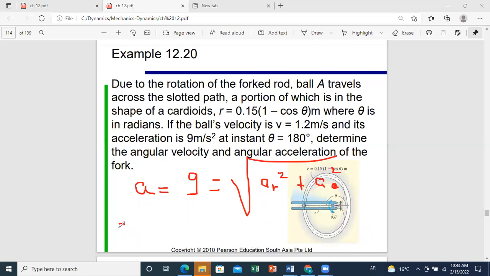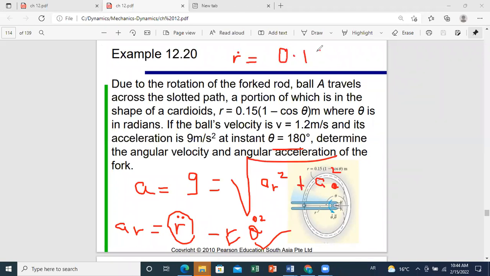To start with, A_R is equal to R double dot minus R theta dot square. We already found from the previous step, at 180 degrees, what R is and what theta dot is. We replace. We still have to compute R double dot. To find R double dot, we derive R dot. We already found that R dot is equal to 0.15 times sine theta times theta dot.